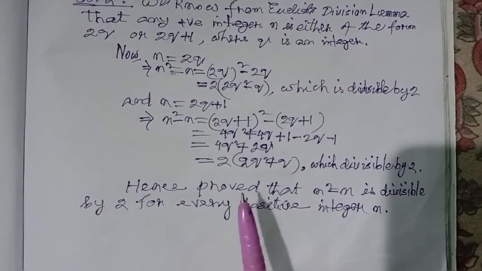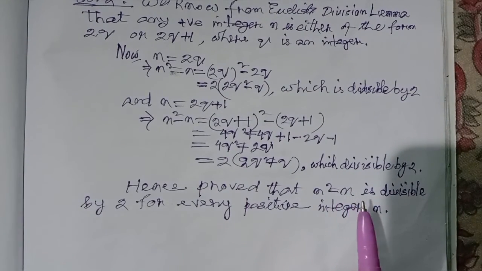Hence, proved that n square minus n is divisible by 2 for every positive integer n. I hope you have got the point.